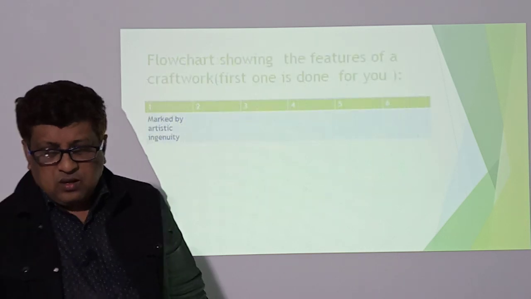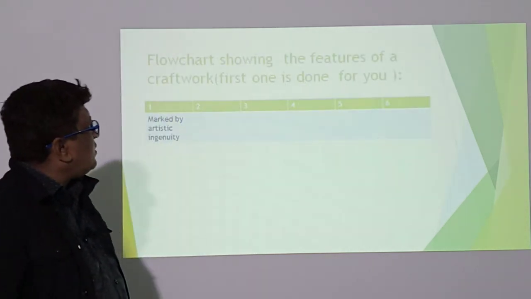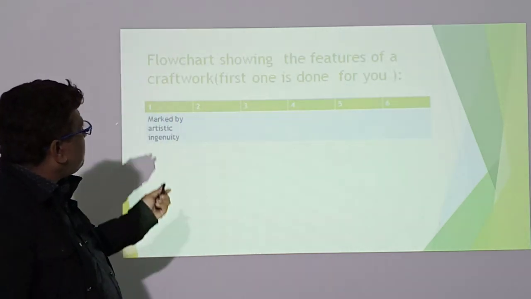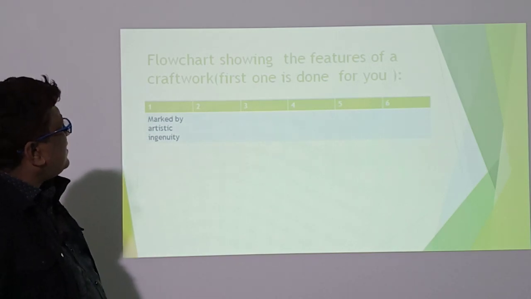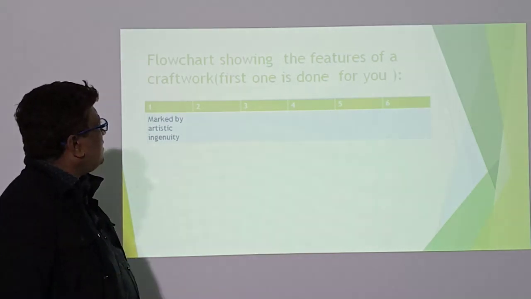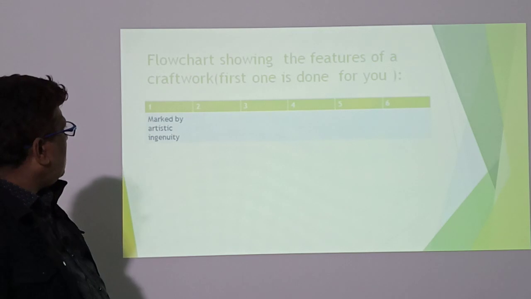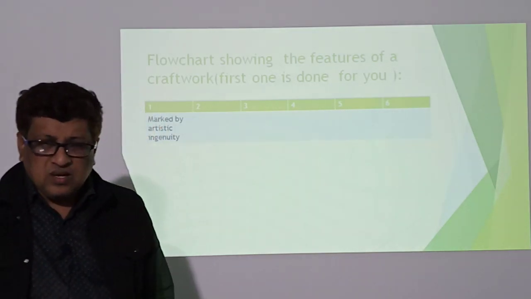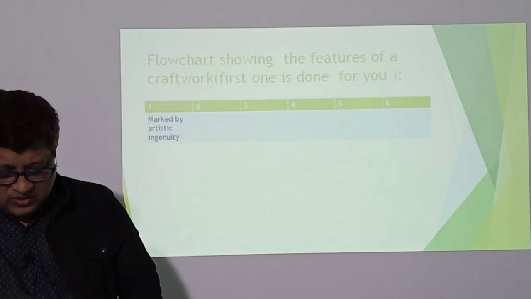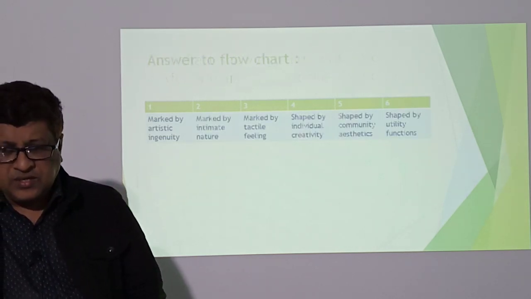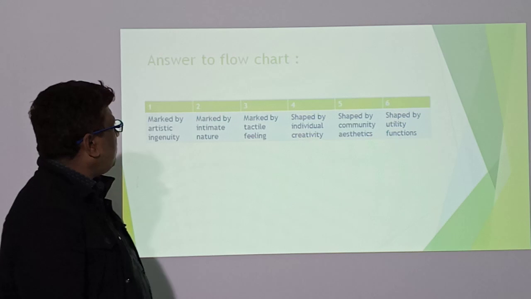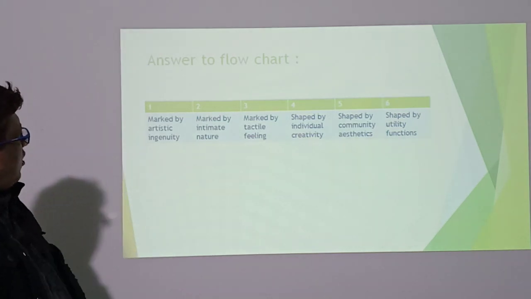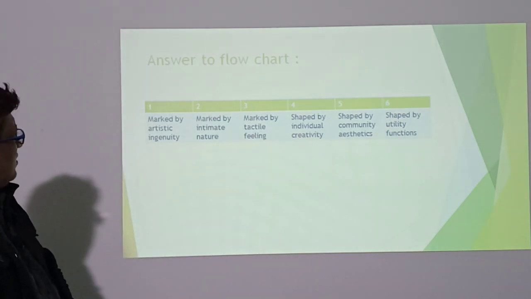Next, we are going to face a flowchart showing the features of craftwork, and the first one is done for you, marked by artistic ingenuity. In order to answer the question, we can follow this model answer.